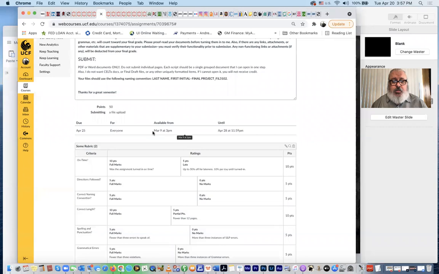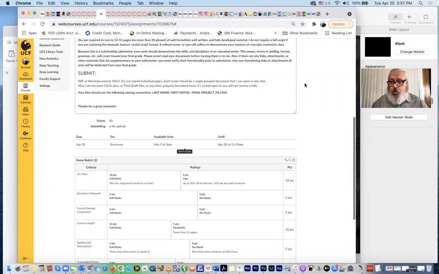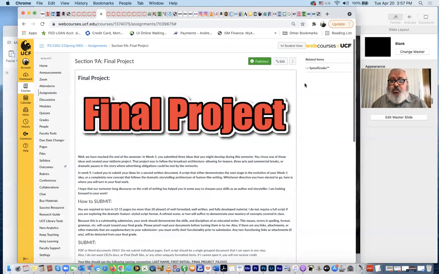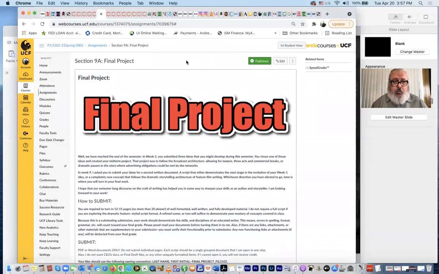I'm leaving it open until midweek that week, although you will lose points if you turn it in late. And if it is more than a couple of days late, you run the risk of not getting that final script graded at all and receiving a 0, because at the end of the semester, I have to have things wrapped up pretty quick for the department. So there's no time to waste. If you want full credit on that paper, you got to get it in by midnight on May 2nd.